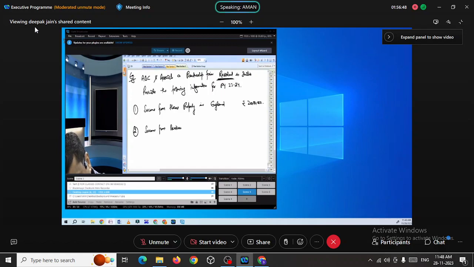Second, income from business in Delhi, 60 lakh. Next, income from business in Dubai, 35 lakh.